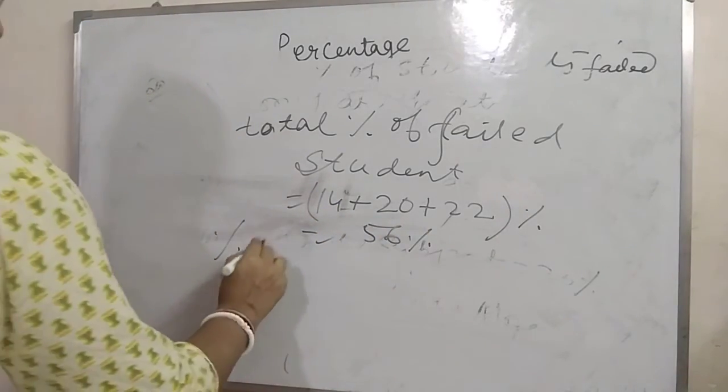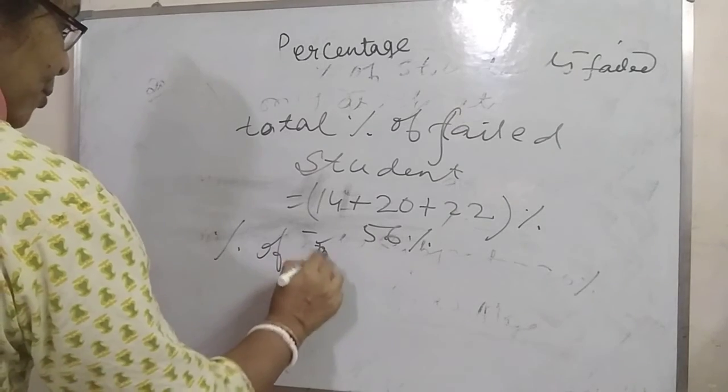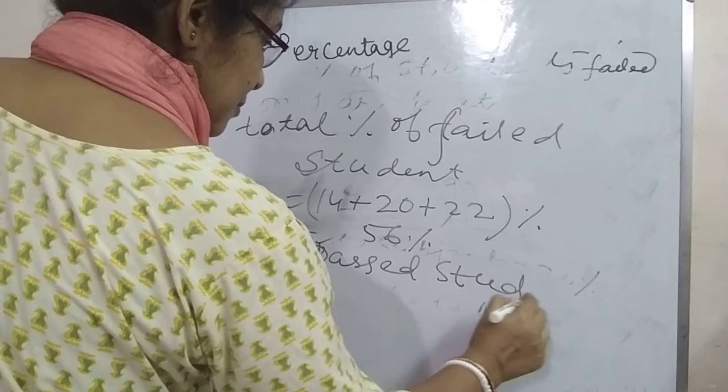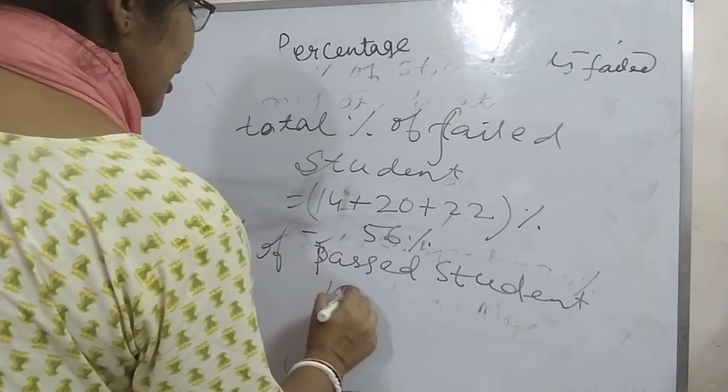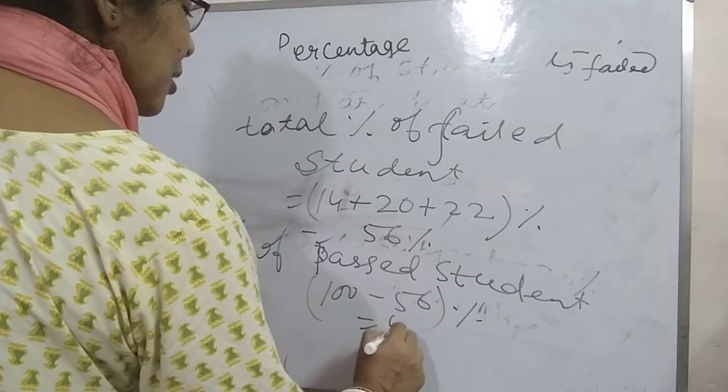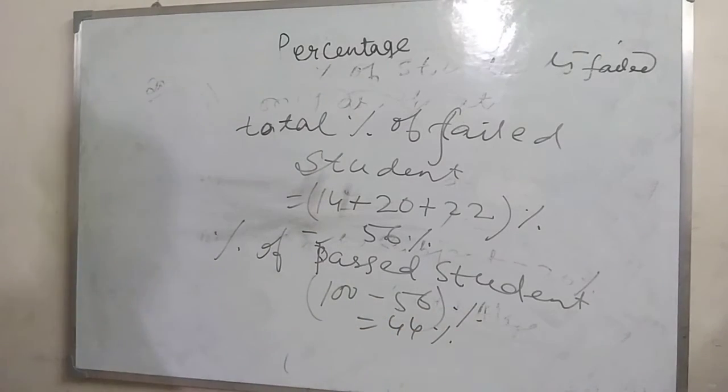That means the total percentage of passed students is total strength 100 minus 56, that is equal to 44%. Percentage of students passed in both subjects equal to 44.